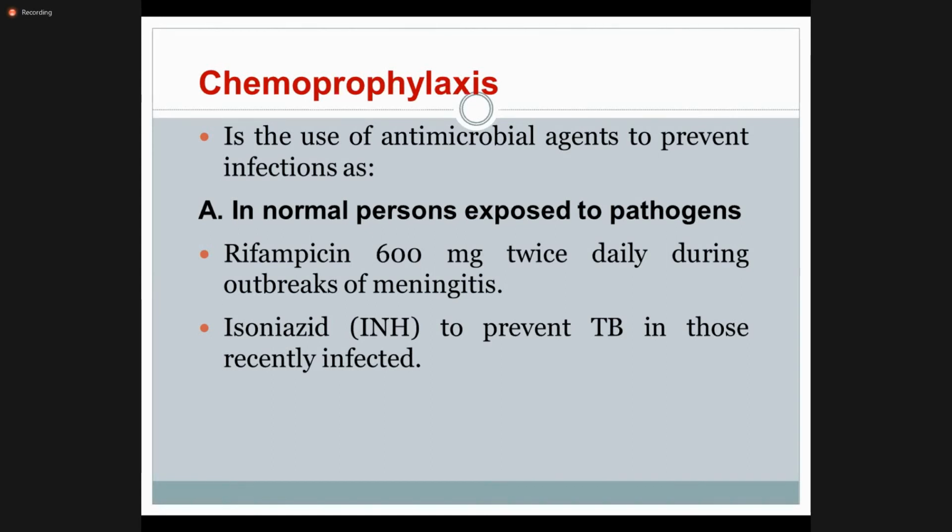Otherwise, in a full-fledged diagnosed case of TB, generally we use a combination of four drugs. But a person who doesn't have infection but is in close contact with a diagnosed case of TB, we should start isoniazid prophylaxis to avoid the infection. Tetracycline to prevent the plague.